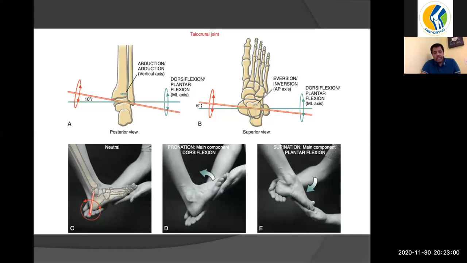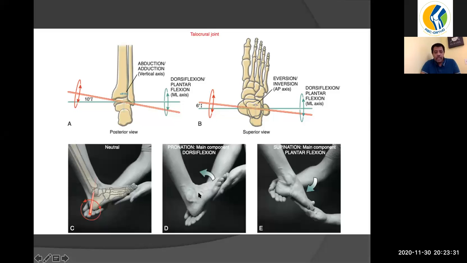So this is very tricky, because before we understood the biomechanics of the ankle joint, we believed that dorsiflexion and plantar flexion was just a movement through one plane. What that means is that we believed the ankle joint was just going through dorsiflexion through the medial and lateral axis of the ankle joint.